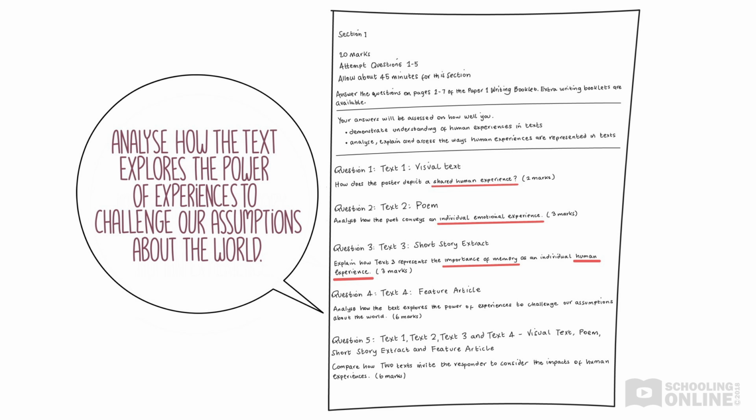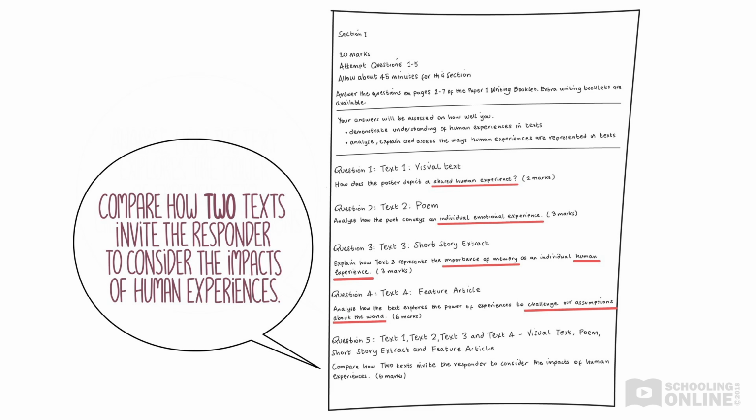In Text 4, we're looking for any experiences that may challenge our assumptions and preconceptions about the world. Finally, Question 5 wants us to look at two texts. As we go through each text, we'll make note of how they want us, the responders, to think about the impacts of human experiences.